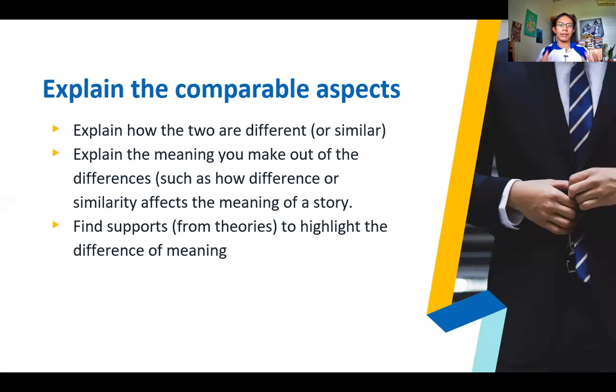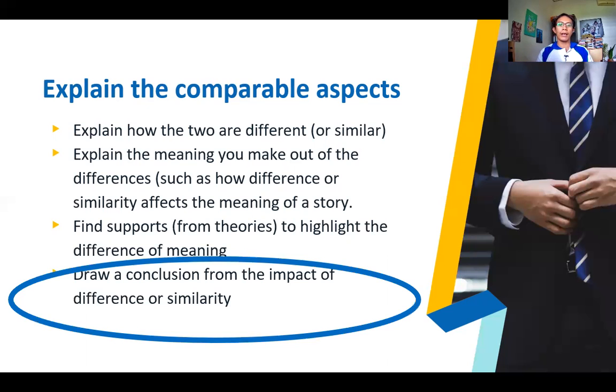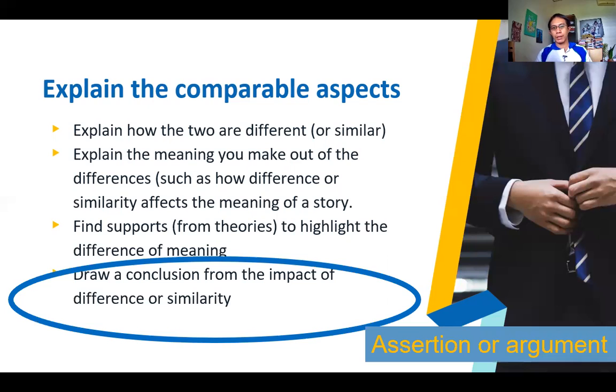This is basically the general stages. And finally, at the end, you draw a conclusion based on the impact of these differences. After you have this conclusion, drawn from many differences, then that's your assertion. That's what you can contribute to understanding the work better. And that's also the argument that you make at the end of the study.